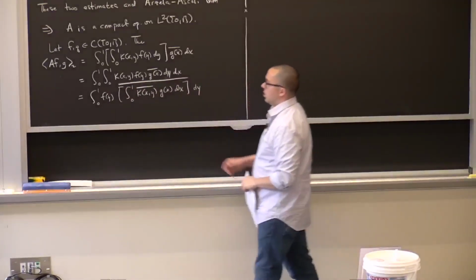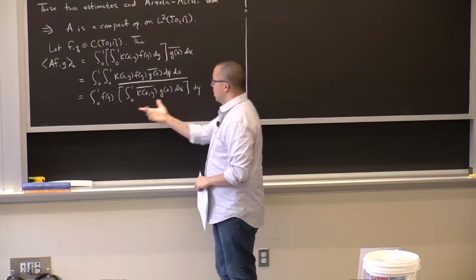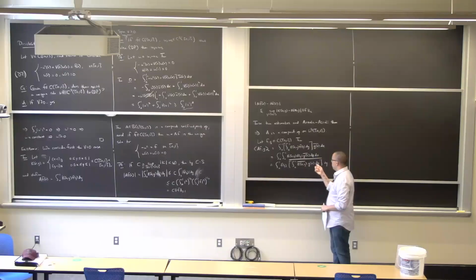Again, you can check that this is equal to the previous thing by Fubini, because this iterated integral becomes just the integral dx dy, which by Fubini doesn't matter what the order is. The complex conjugate hits this complex conjugate, I get back k, and this complex conjugate hits g, and I get that. Okay?